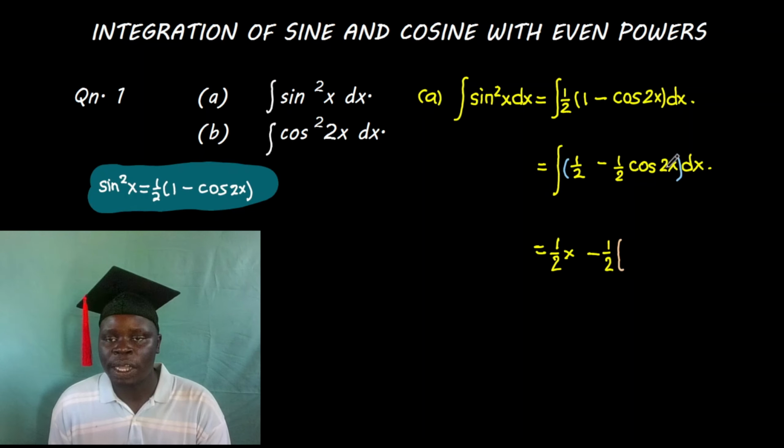Here, if the angle has some number attached to it, then we divide by that number itself. The integral of cos twice x is 1/2 sine twice x. So let's close this bracket, and we're done with our integration.